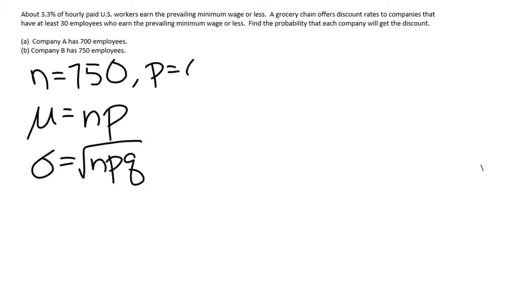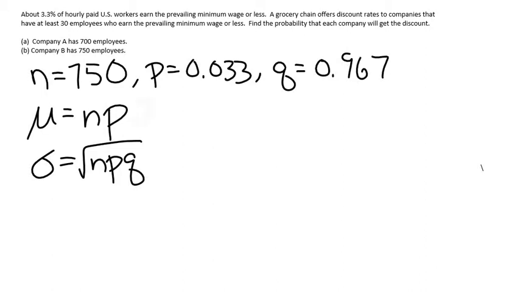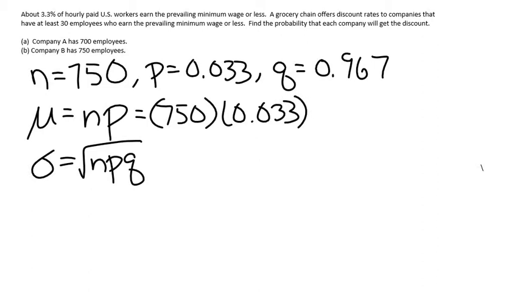P is still going to be 0.033. Q is still going to be 0.967. So the mean is 750 times 0.033. That is equal to 24.75.